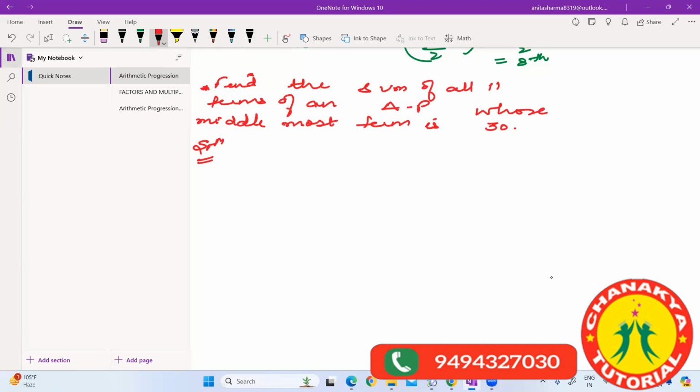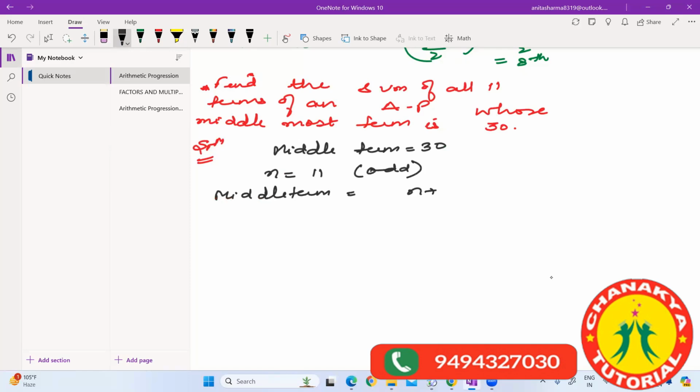So I have already told you that your middle term is given, 30. And how many terms are there? 11, beta? So n is your odd number. So how will you find the middle term? Middle term will be the (n plus 1) by 2 th term, and this is equal to 30.